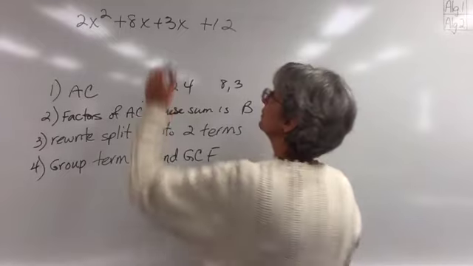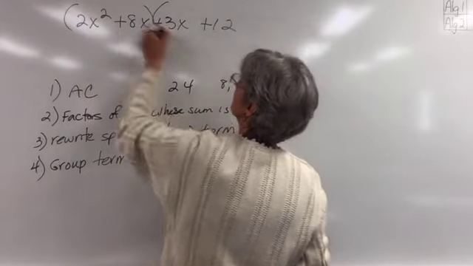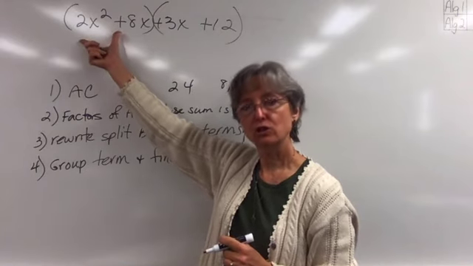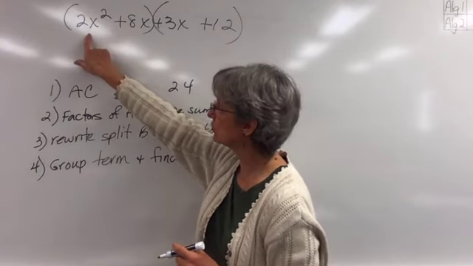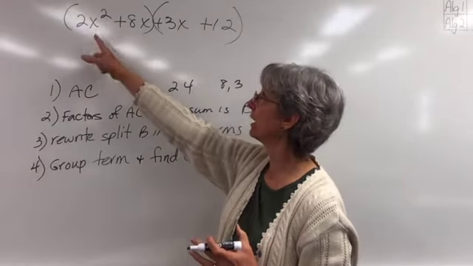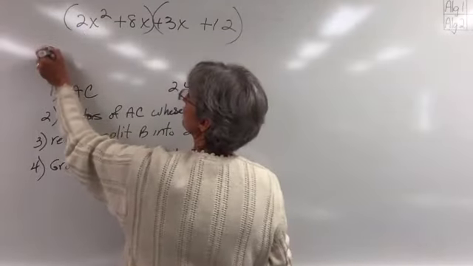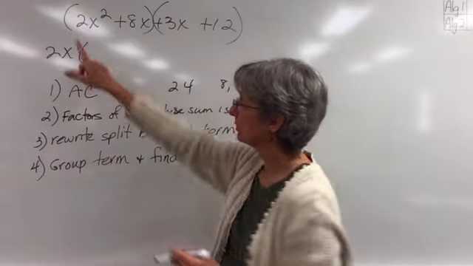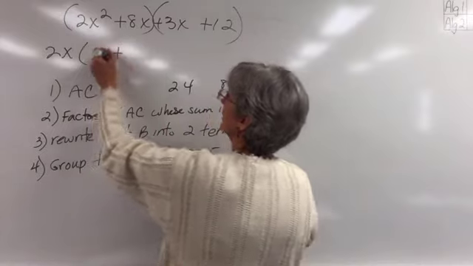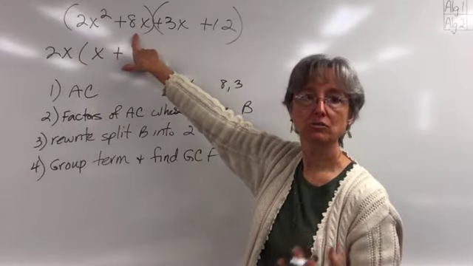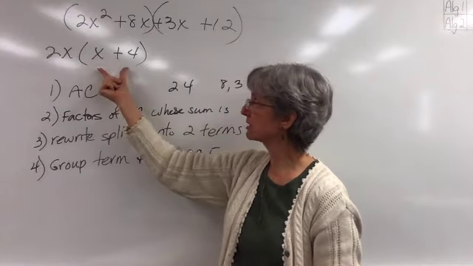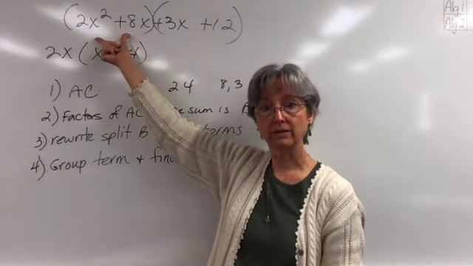Here's how you will group like that. And now just take these first 2 terms. What's the greatest common factor between 2x squared and 8x? The number would be 2, and they both have an x, so pull out 2x. When you divide this by 2x, you're left with an x, and when you divide this by 2x, you're left with 4. So 2x times x plus 4 equals that, right?